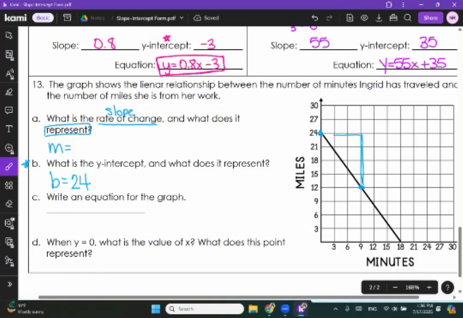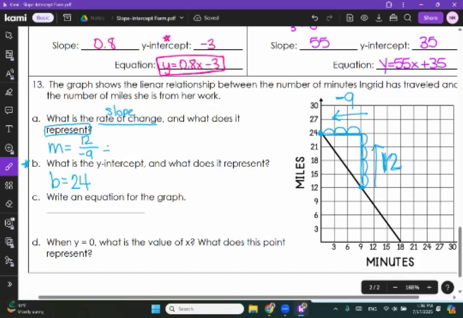Draw our right triangle. We rise by how many? They're counting by threes, so 3, 6, 9, 12. We rise by 12. We're running backwards, or running to the left, that one's also counting by threes, 3, 6, 9. Our 9 is negative.